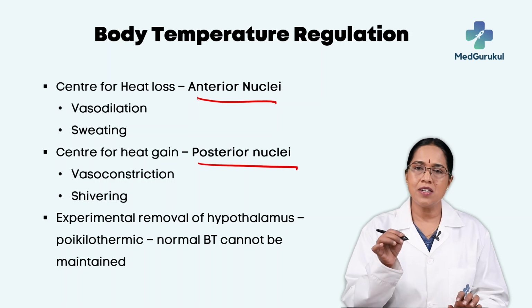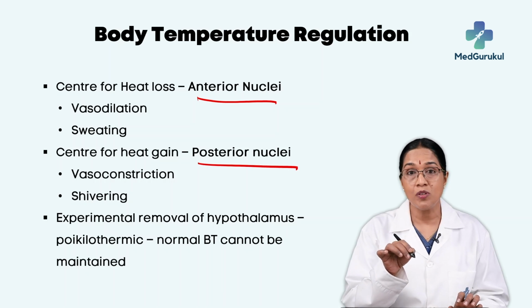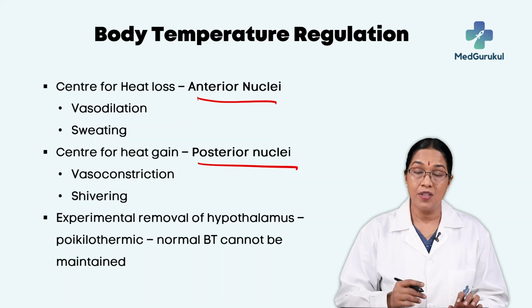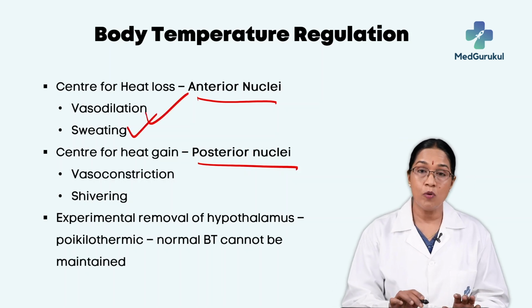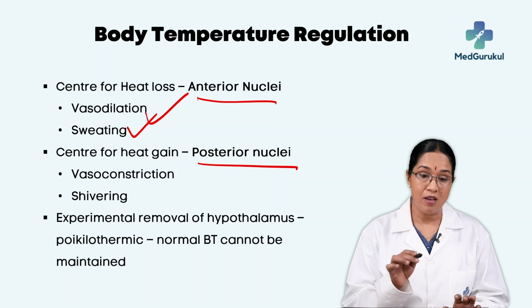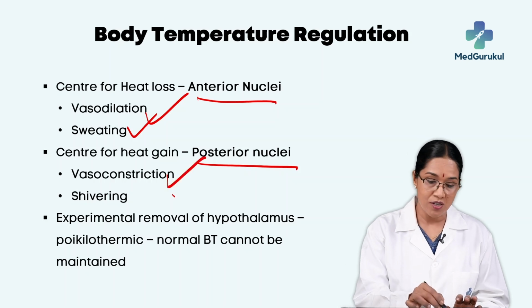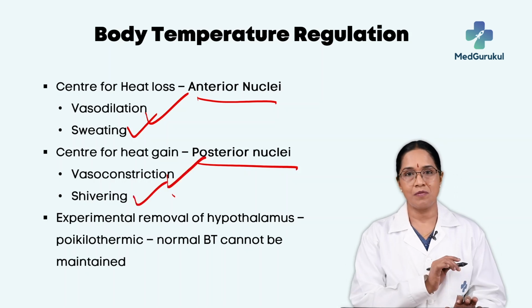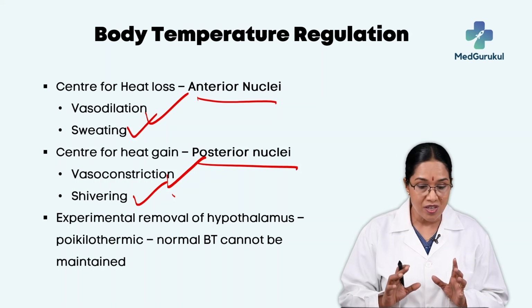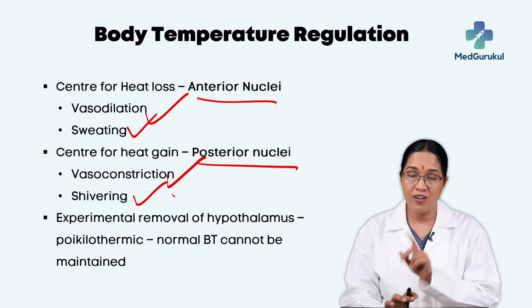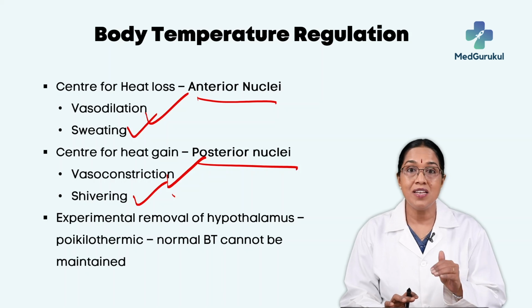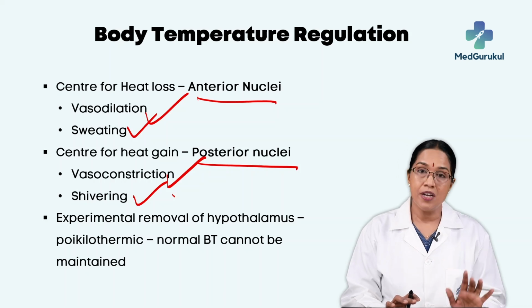So, whenever the anterior nucleus of the hypothalamus was stimulated, there was vasodilation and sweating. Whenever the posterior nuclei of the hypothalamus was stimulated, there was vasoconstriction and shivering, which made the scientists conclude that the center for heat loss is the anterior nuclei and the center for heat gain is the posterior nuclei.